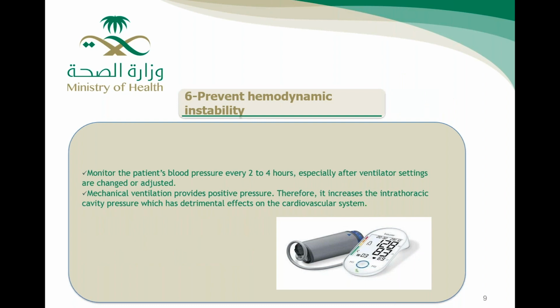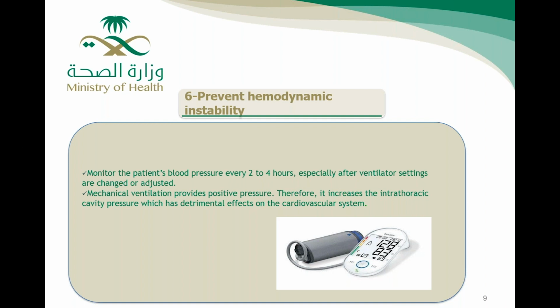Prevent hemodynamic instability. So how can we prevent hemodynamic instability? We'll monitor the blood pressure continuously, especially after the ventilator settings are changed or adjusted, because the ventilator delivers positive pressure. This positive pressure might increase intrathoracic pressure, which has detrimental effects on the cardiovascular system.